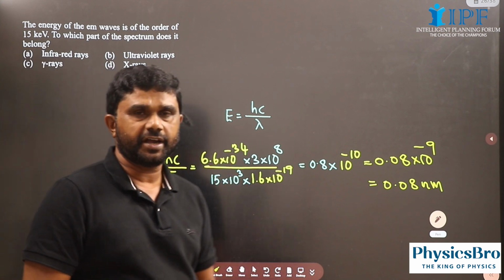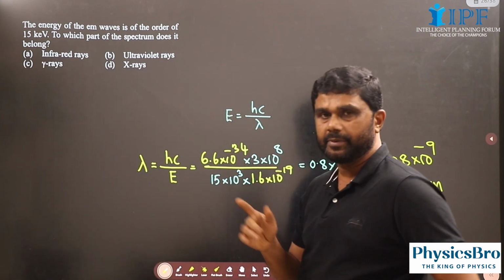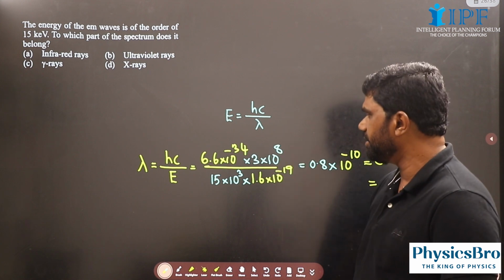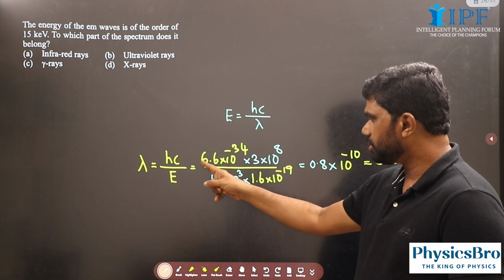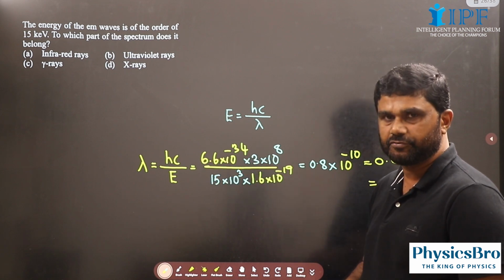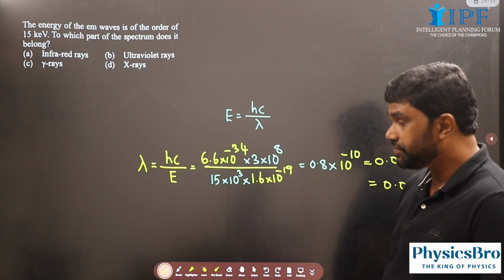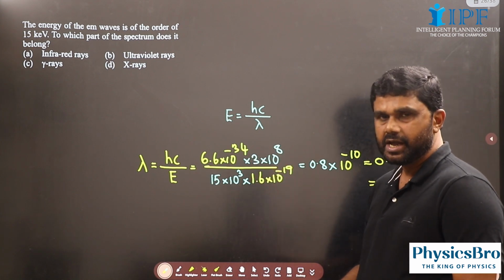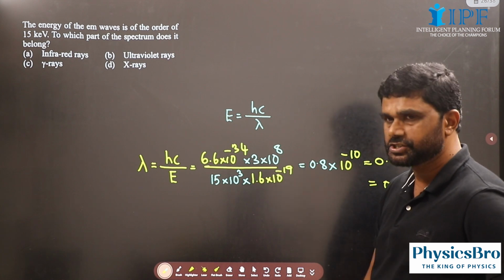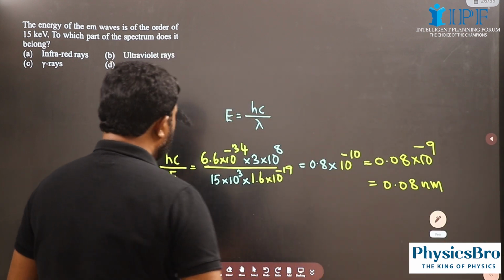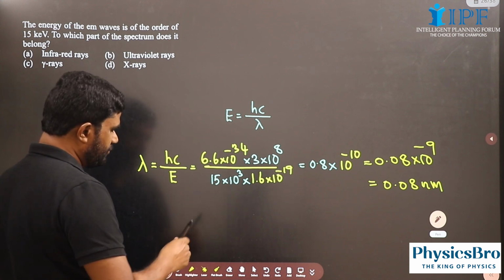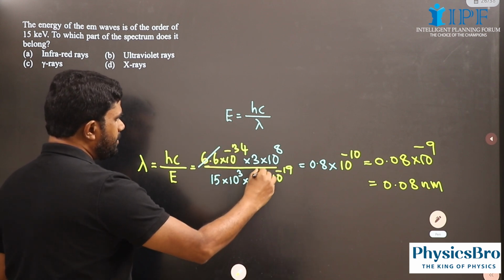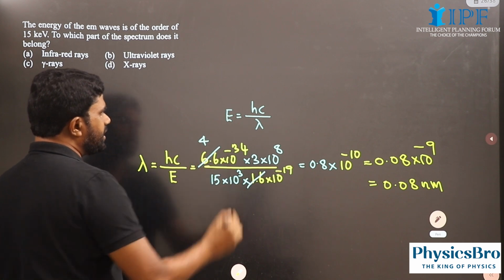Energy of a radiation is given by hc by lambda, where h is Planck's constant and lambda is the wavelength. So lambda is hc by E. h is Planck's constant, 6.6 into 10 raised to minus 34, c is the speed of electromagnetic wave in vacuum, and E is the energy, that is 15 kilo, which is 10 raised to 3, and 1 electron volt is 1.6 into 10 raised to minus 19. Now, if this is 6.4, this and this can be divided and we will get 4 here.